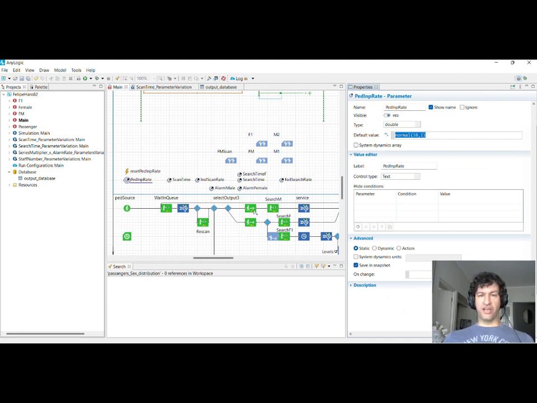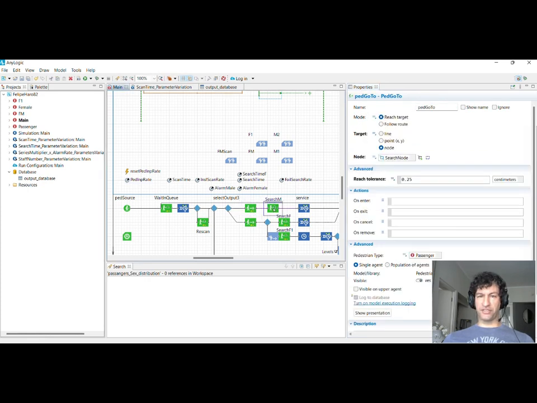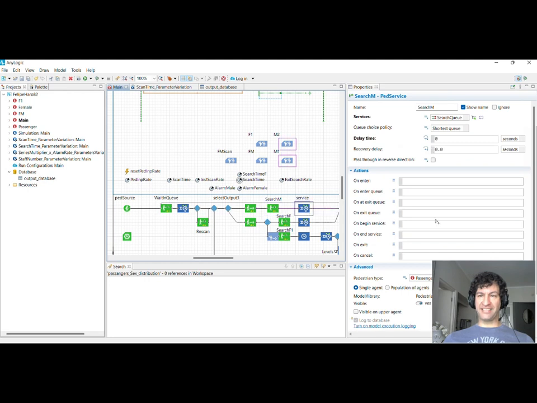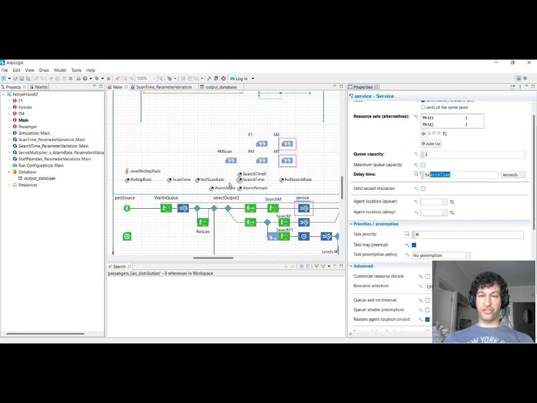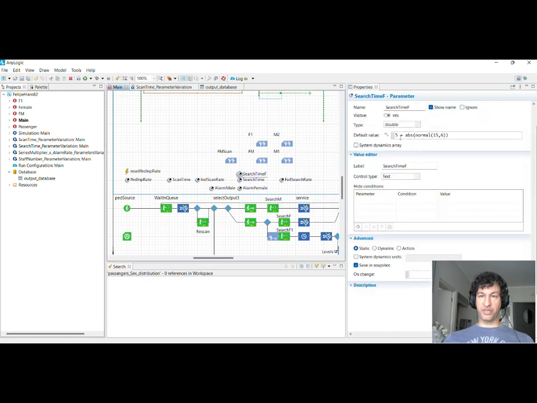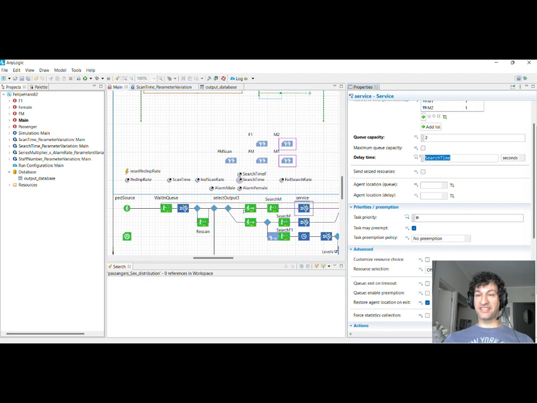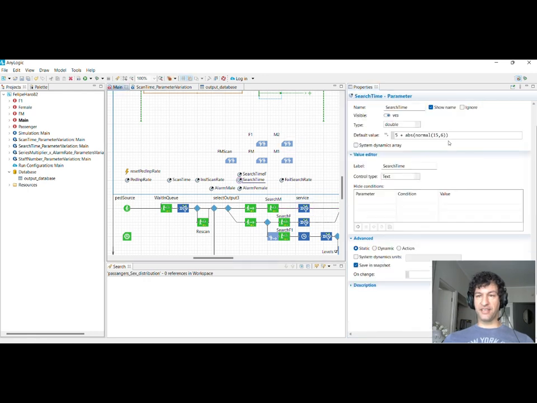He makes another little mistake that a lot of people do: for example, when you have a delay time and you see that the search time is actually a distribution, that means that you will be able to sample the distribution only once and everybody will have the exact same search time forever. Like all the passengers will have the same. So you don't want to do that in parameters unless you want to calculate it only one time.